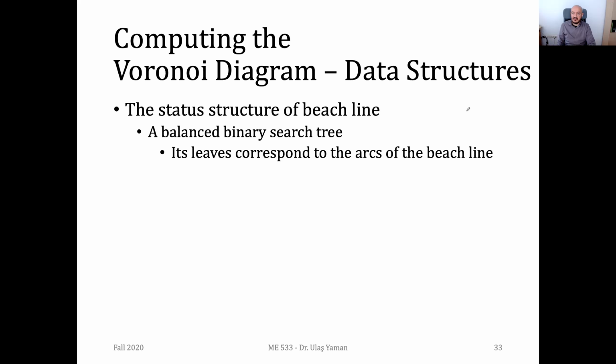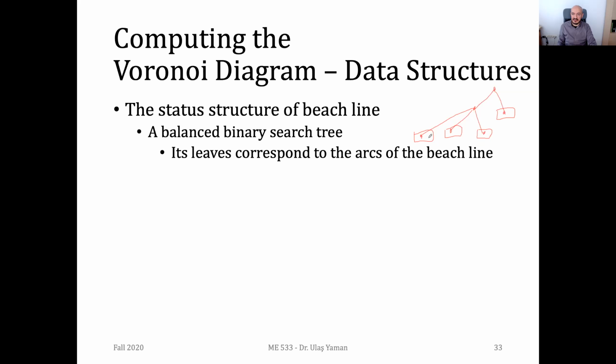So let me draw a balanced binary search tree here. It doesn't have to be just, let's say, binary, but in some cases you may also have ternary. But the thing is that if you remember, you need to have at maximum one level difference between the leaves. You see here, for instance, we have 4 of them, and we only have a single level difference between the last one and the remaining ones.